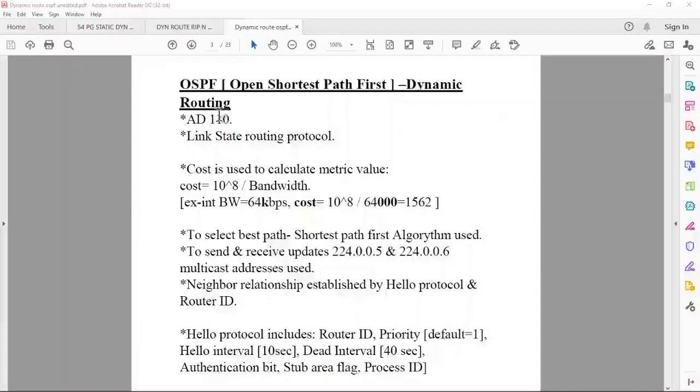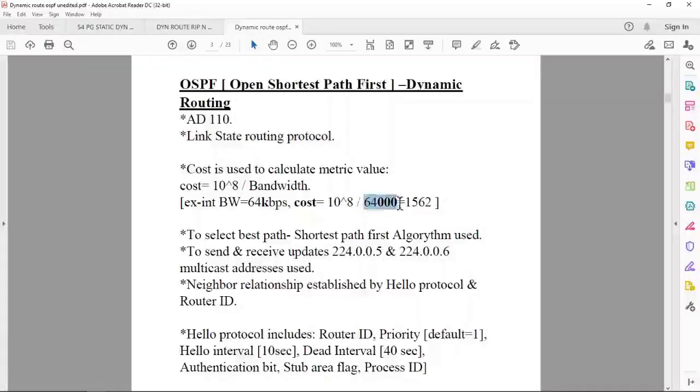You might know already. And then cost is calculated by, as I told earlier, 10 to the power 8, which is the default constant value. So you need to divide it by the bandwidth of the link. For example, here it has been shown, if it is 64 kilobits per second, you can divide 10 to the power 8 by 64,000.